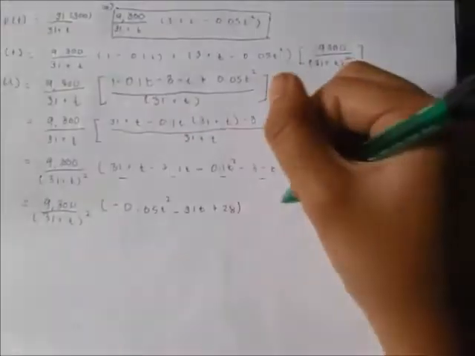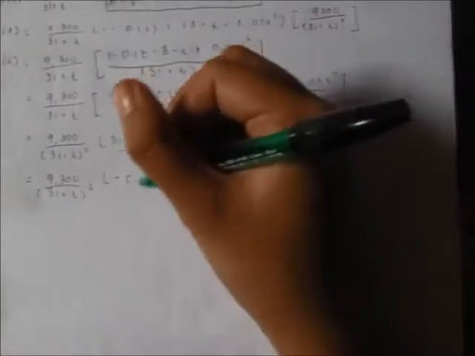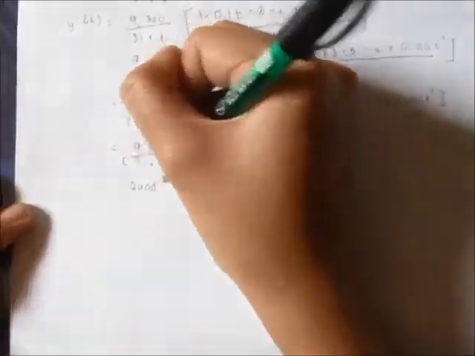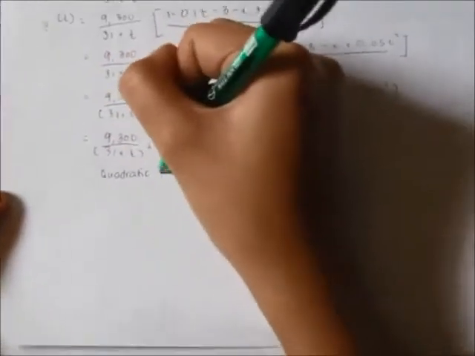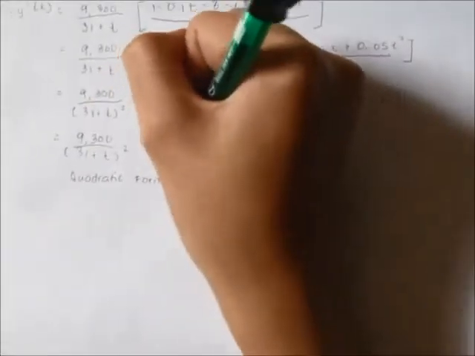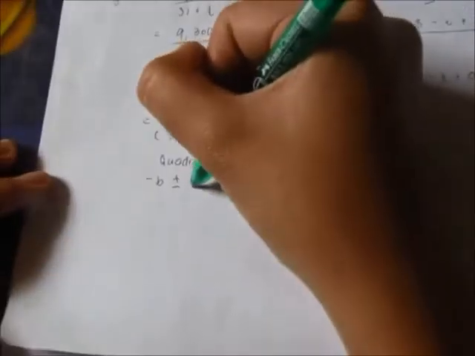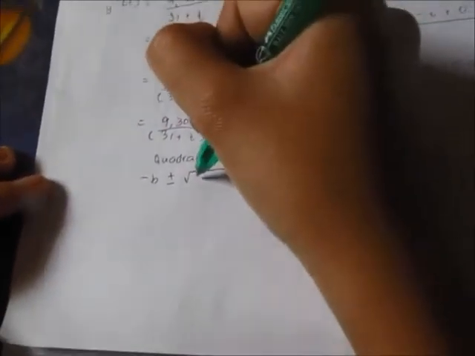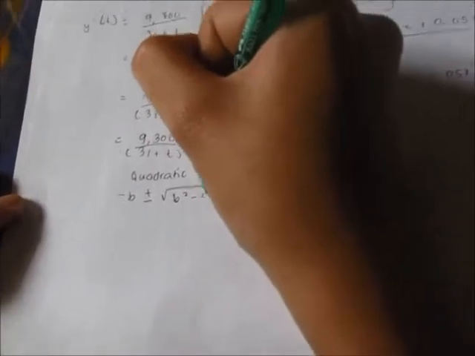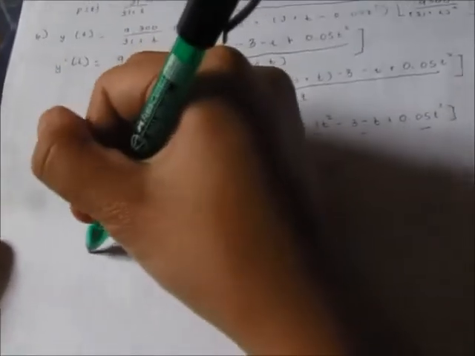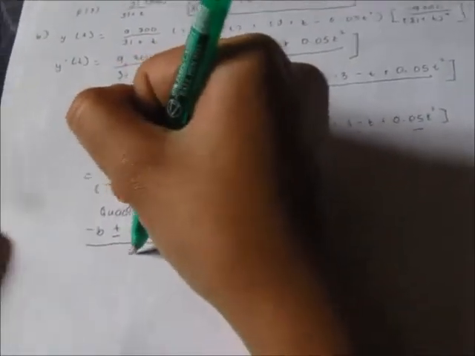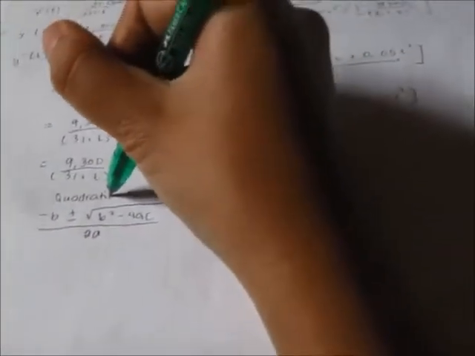We will use the quadratic formula in order to get the answer. As we all know, the quadratic formula is negative b, plus or minus the square root of b squared minus 4ac, all over 2a. So we must substitute these values to this formula.